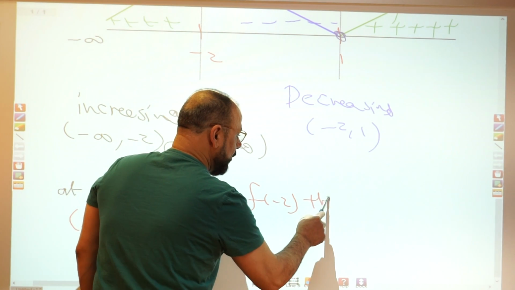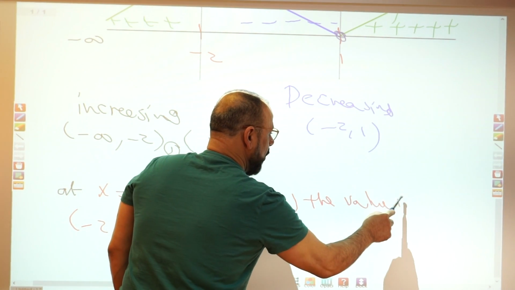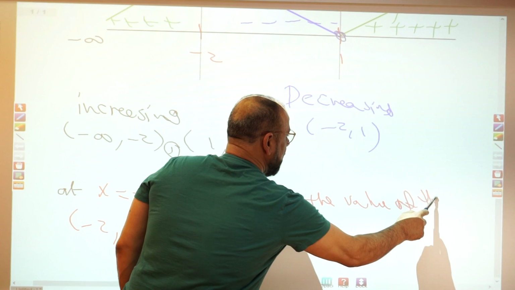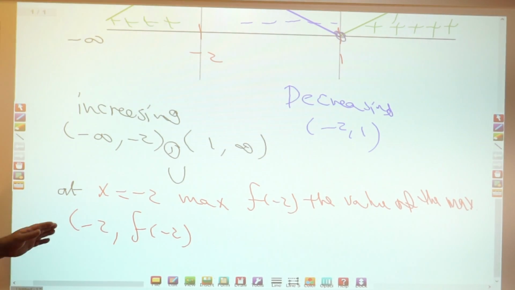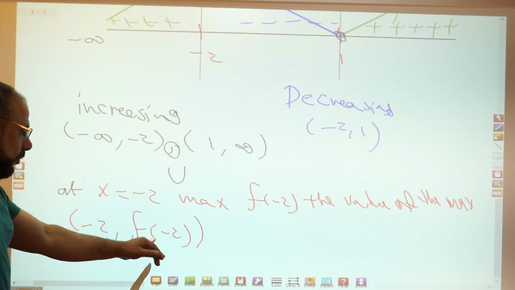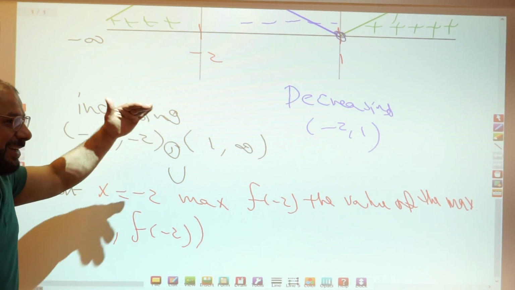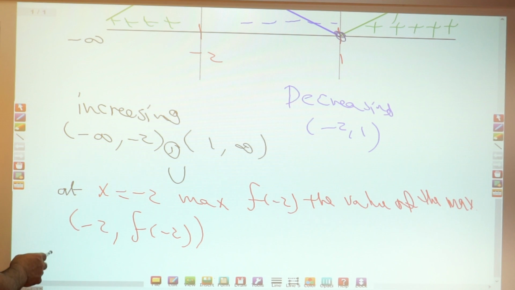All you have to do is take negative 2 to the function, not the derivative, and plug it in the function.